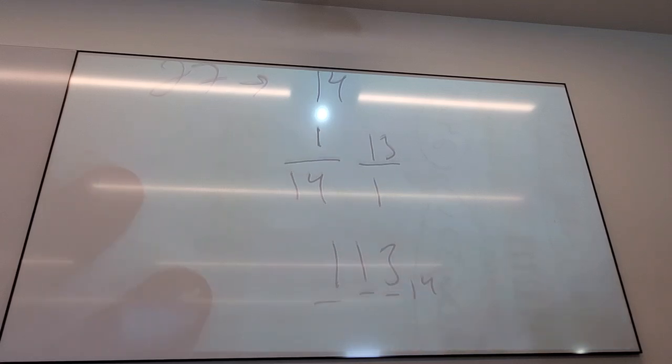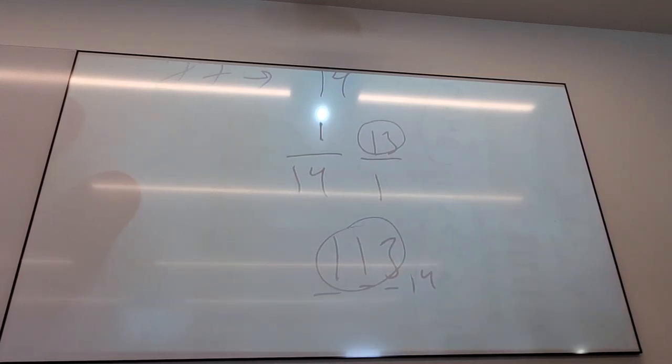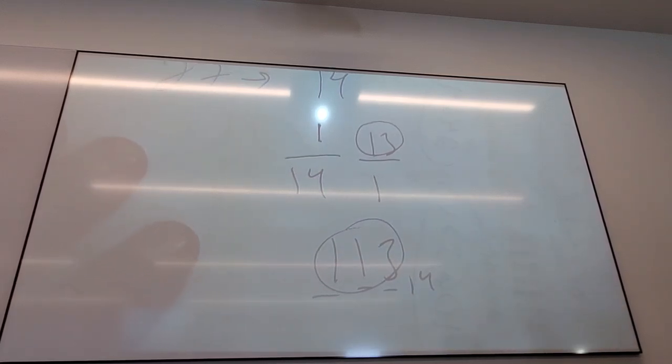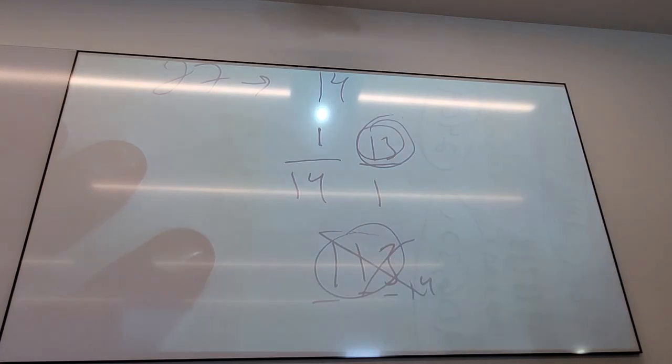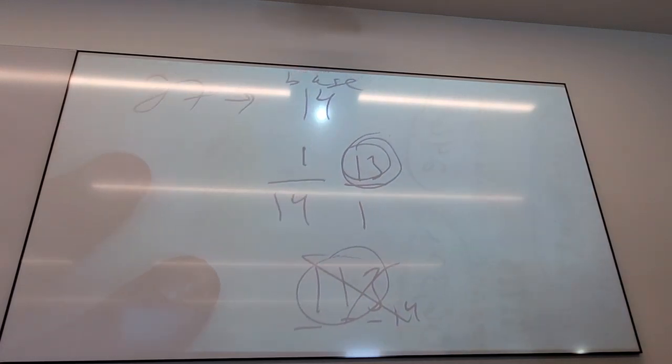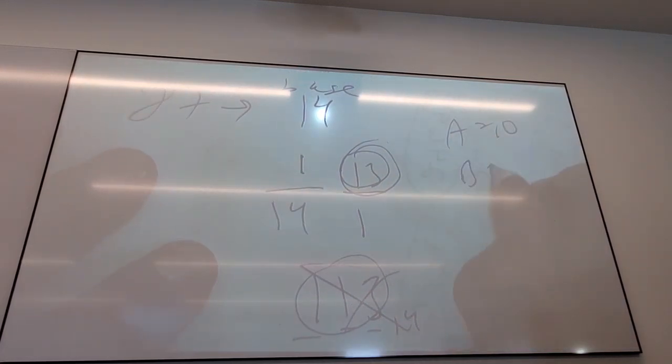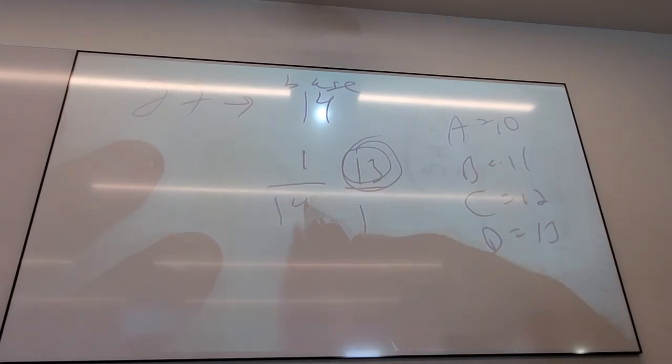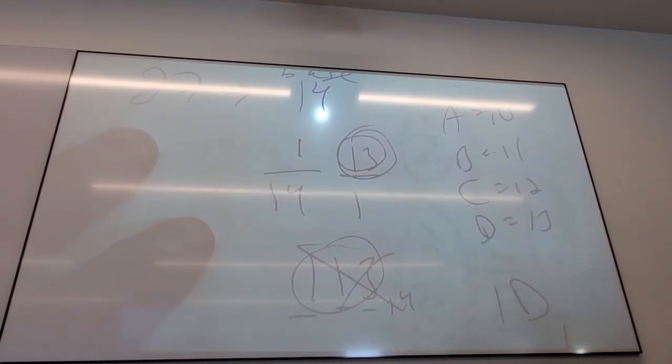Now we know we mean 13 in one place, but if I write this, nobody else in the universe is going to know we mean that. So I need a single digit that means 13. And what do we use? 10, 11, 12, 13. So this would be 1D base 14.